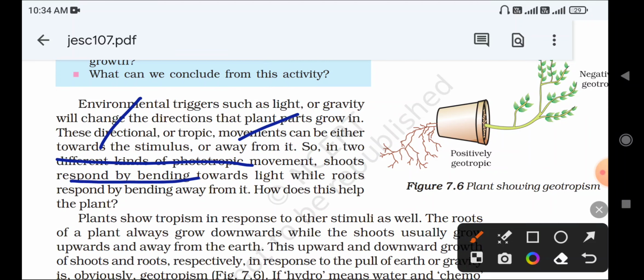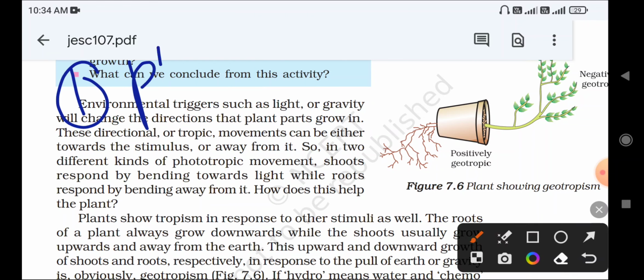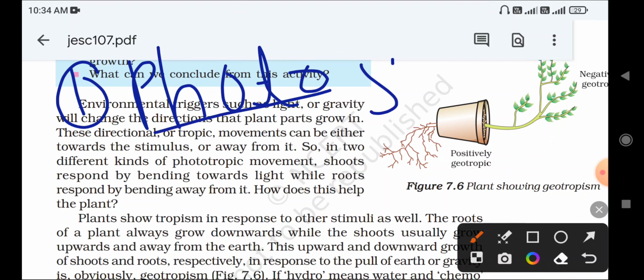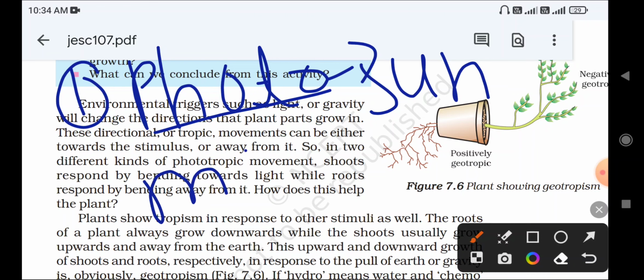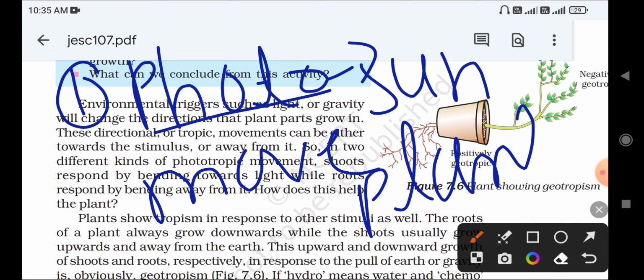Another very important definition for your exam purpose. First they will ask what is phototropism. Photo means sunlight, correct? And tropism means movement of the plant.